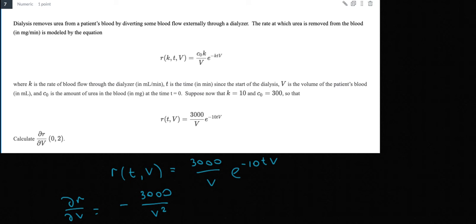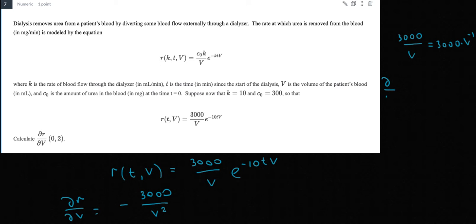And just to remind you where this is coming from, if you write 3000 over V as 3000 multiplied by V to the power negative 1, then you can calculate the derivative using the power rule.